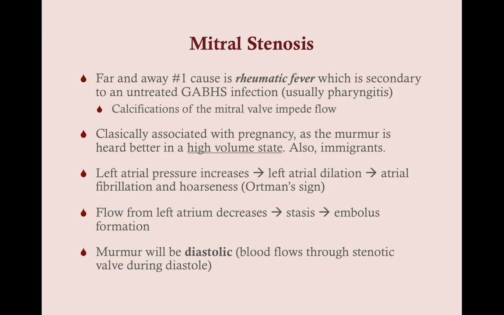Because the left atrium is in the most posterior position of the heart, when it dilates it can impinge on the left recurrent laryngeal nerve, and that can cause hoarseness, which is known as Ortner's sign.